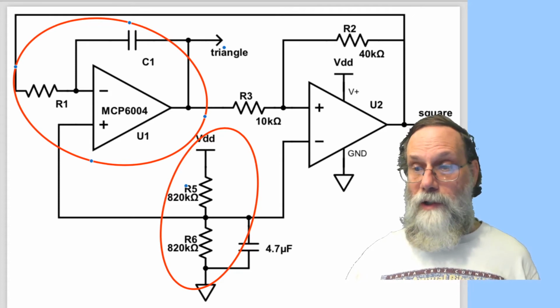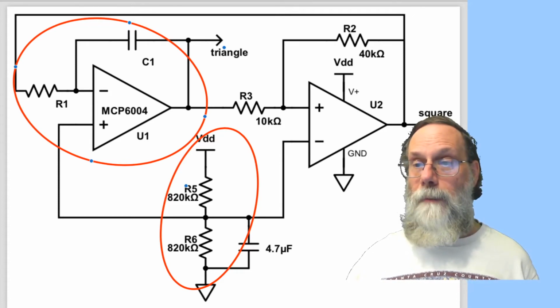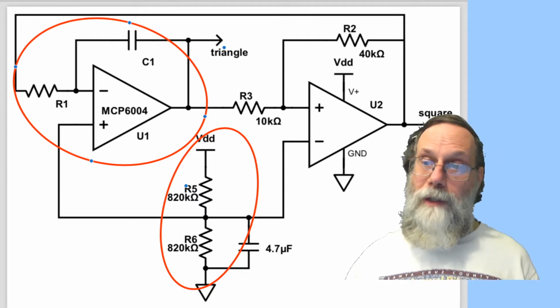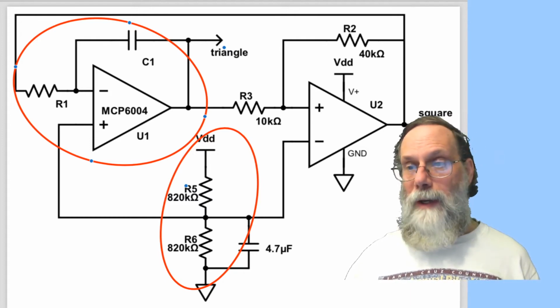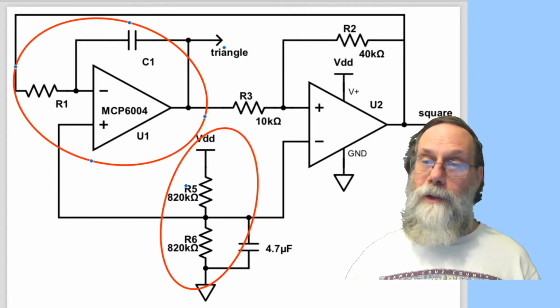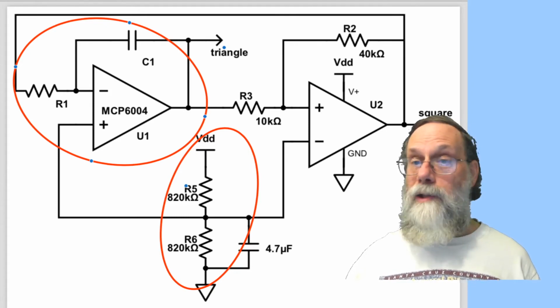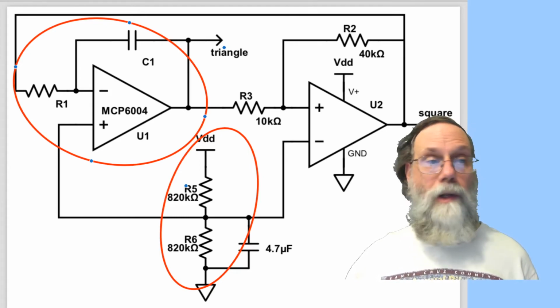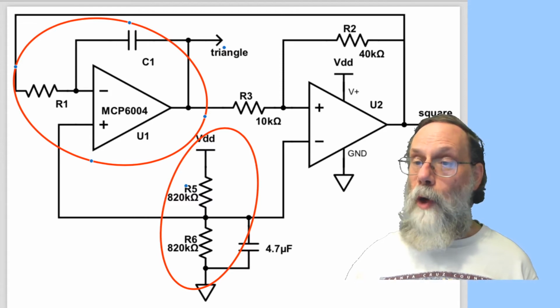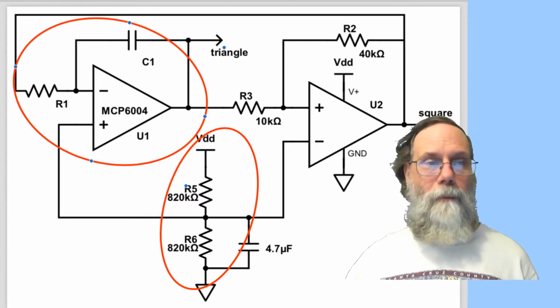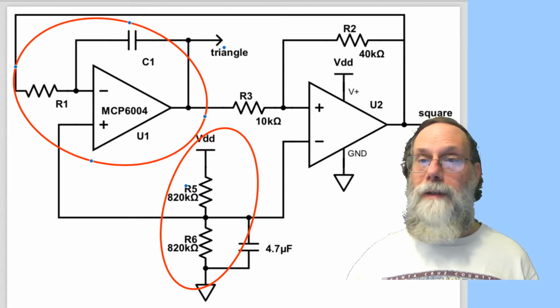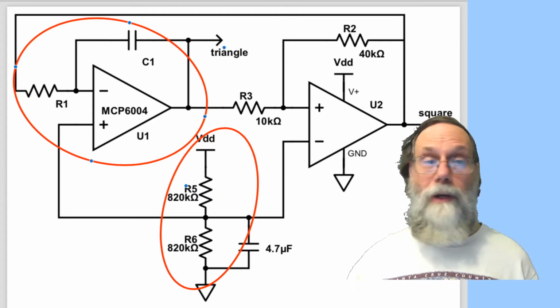Our centered voltage is VDD over 2 for the reference voltage for the integrator, so the slope of the output is either going to be VDD over 2 divided by RC, or minus VDD over 2 divided by RC. So the RC time constant determines the slope of the voltage. And the triangle wave output is coming out directly as the output of the integrator.